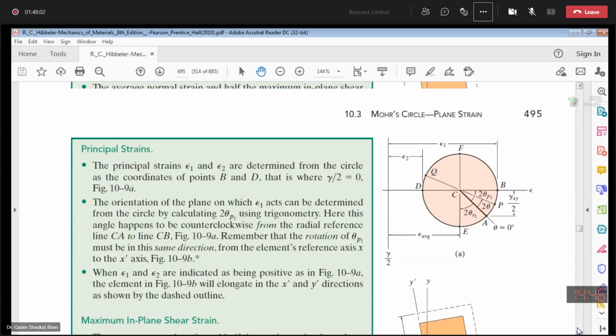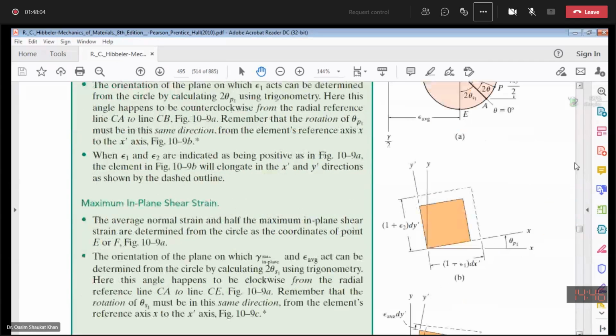So you can see we are saying that the elongations are positive, strains are positive. When you show it on the figure, this is your x dash axis, this is your y dash axis.